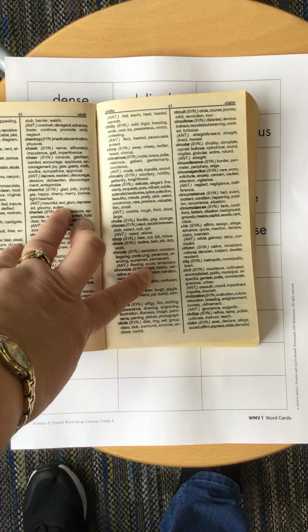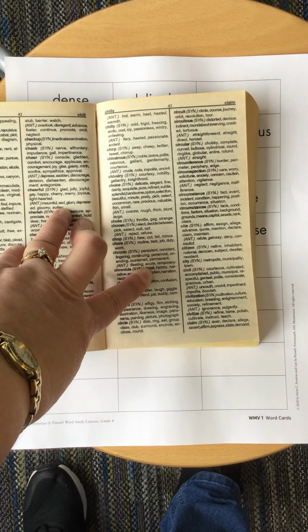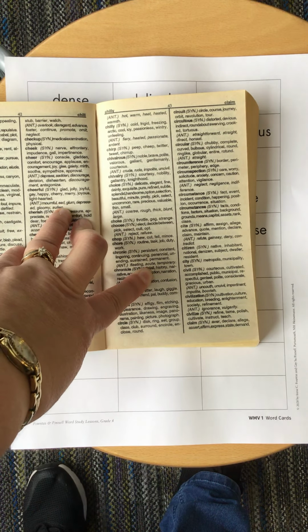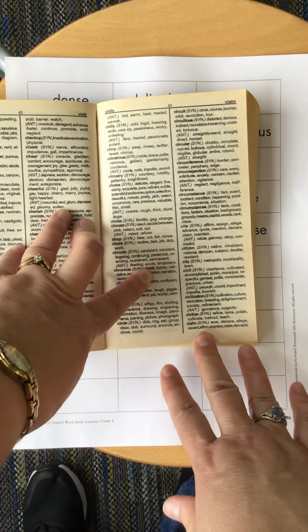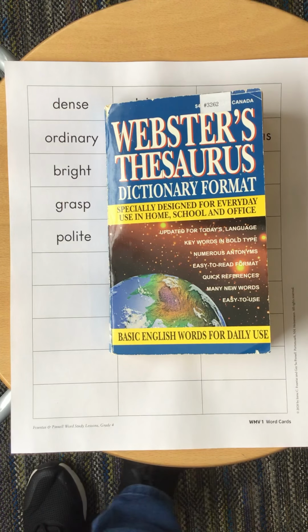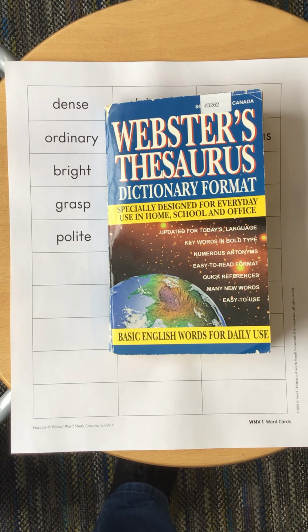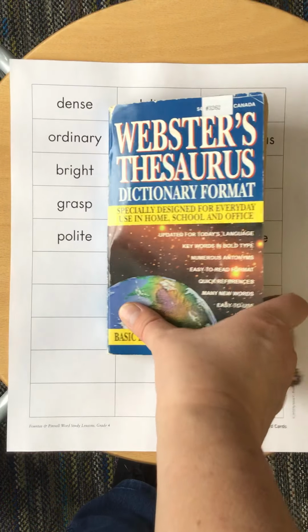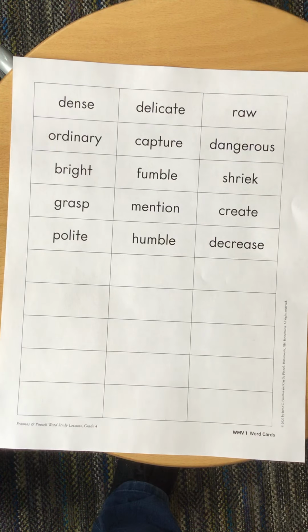These are good tools to use when you're writing, especially, so you can put a variety of words in there. If you don't have a thesaurus at home, which I think probably most houses don't, you can always Google synonyms. So we are going to make word maps today.